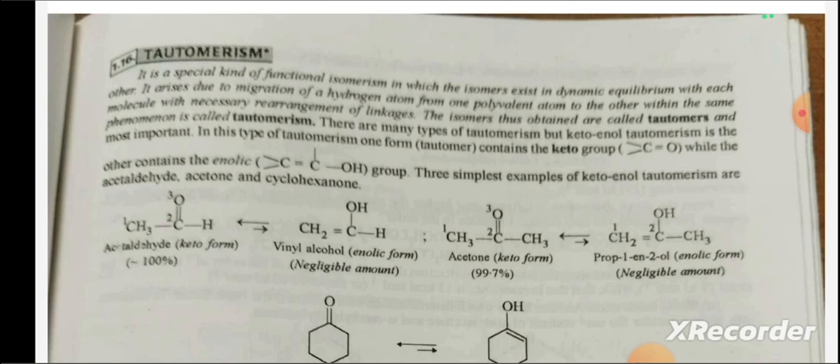The isomers thus obtained are called tautomers and the phenomenon is called tautomerism. There are many types of tautomerism, but keto-enol tautomerism is the most important. This is the type of tautomerism where one form consists of the keto group and the other the enol group. The simplest examples of keto-enol tautomerism are acetaldehyde, acetone, and cyclohexanone.